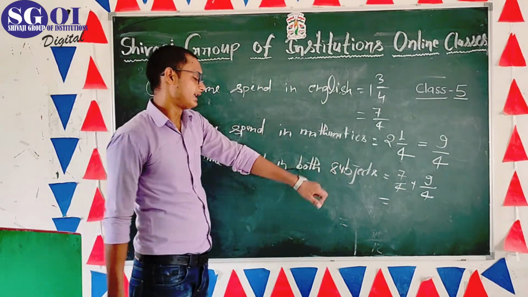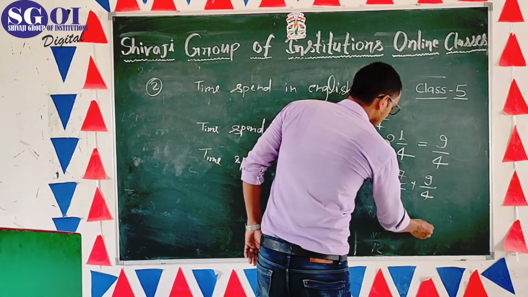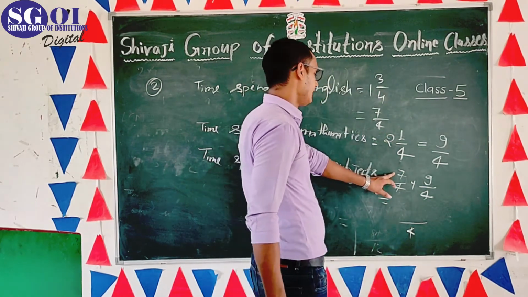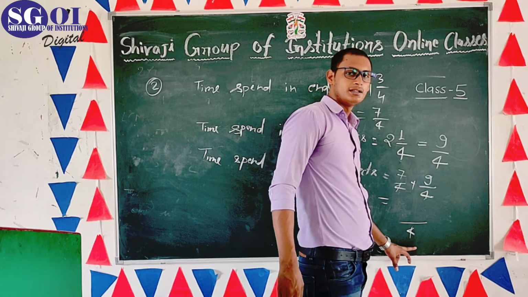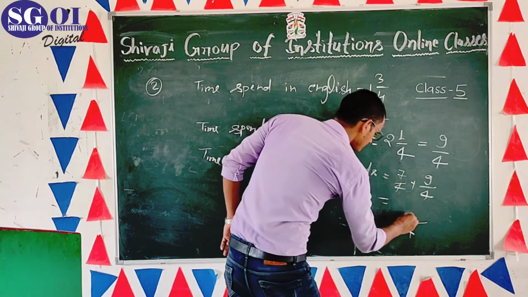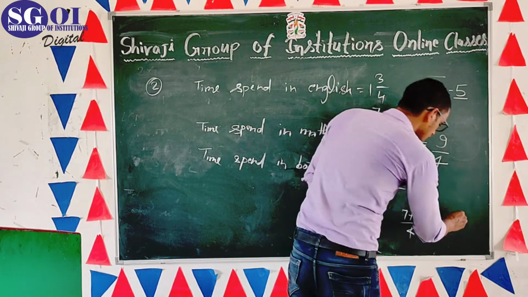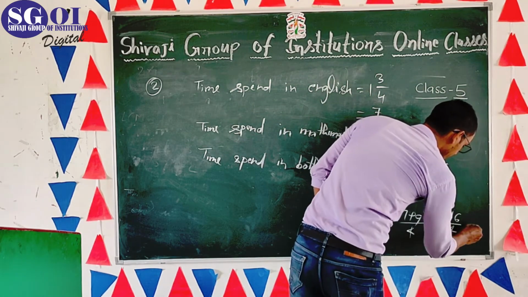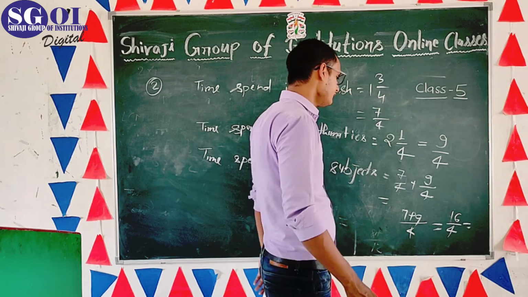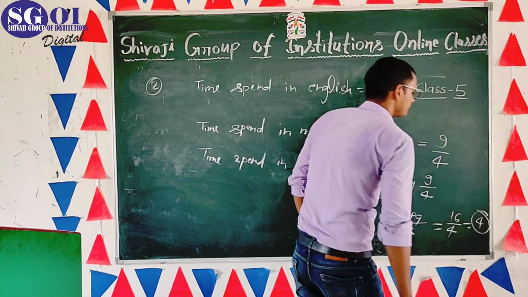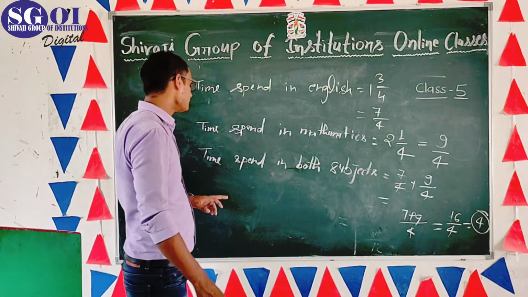Here the denominators are same, so we add the numerators upon the common denominator. Addition of numerators means 7 plus 9. 7 plus 9 is equal to 16. 16/4. Here we divide 16 by 4. 4 fours are 16. So the answer is 4.